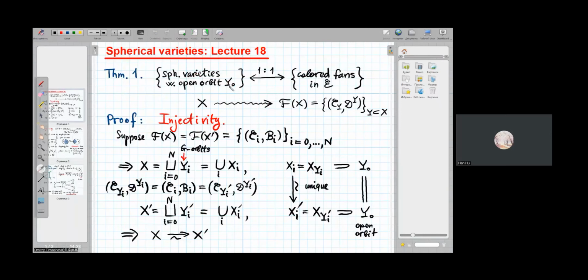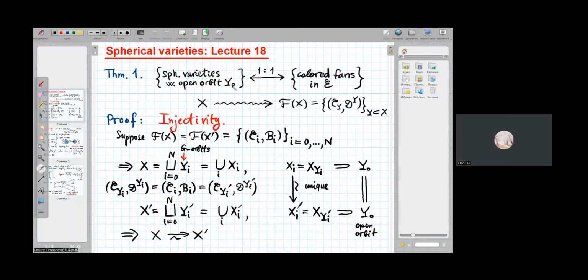Whenever we speak about isomorphisms between two different varieties, we assume that this isomorphism extends the identity map on the open orbit. We do not want to move points in the open orbit. We only consider such isomorphisms.